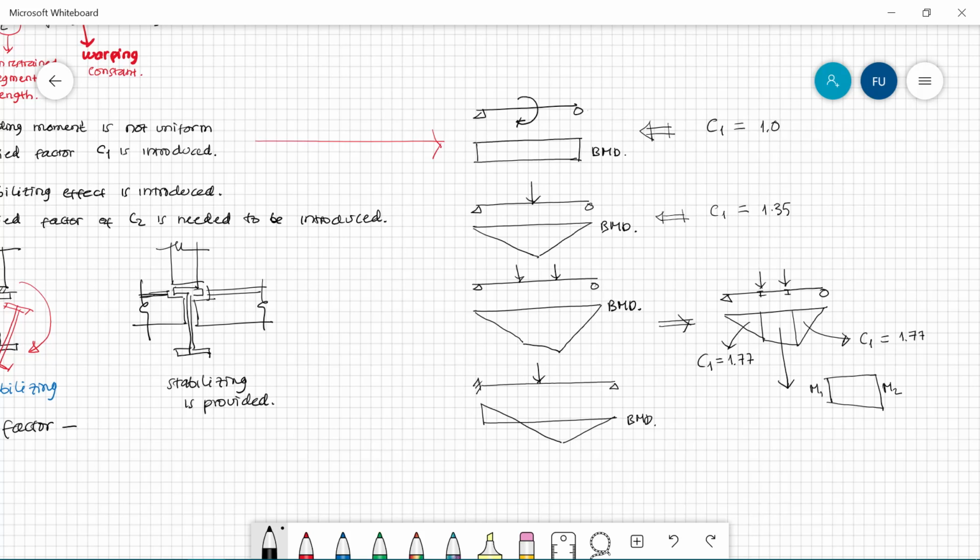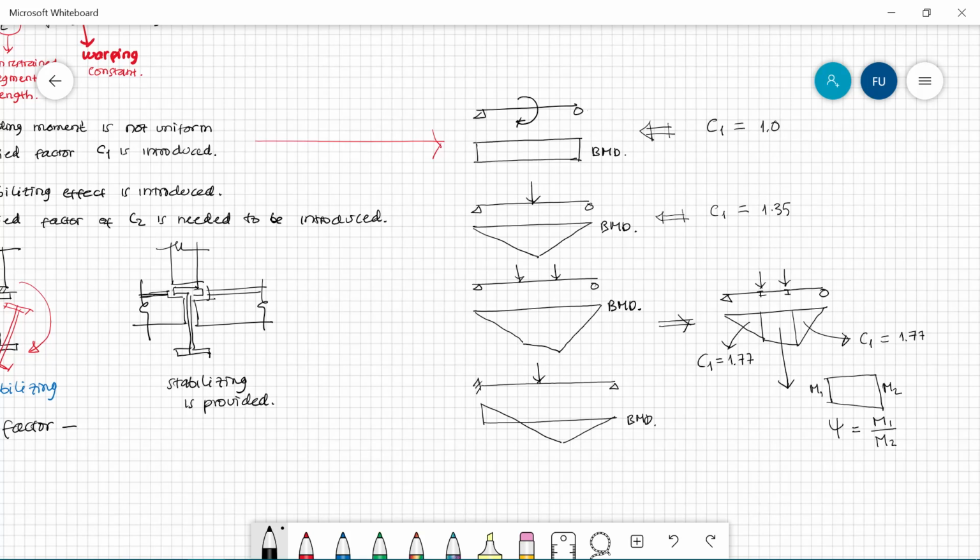And then the ratio between these two bending moments is the smallest bending moment M1 over M2.